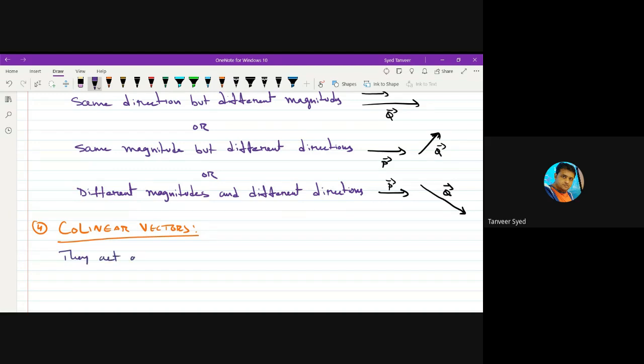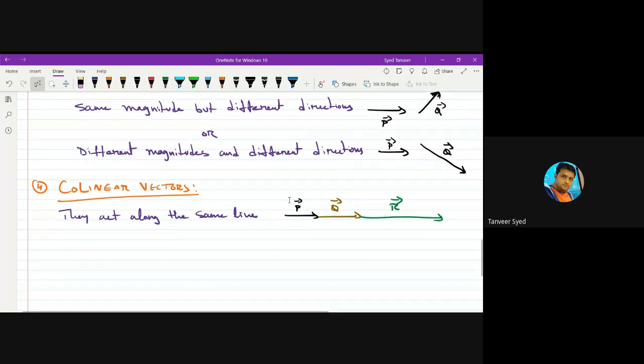For example, this is vector P. This is vector Q. And this is vector R. These three vectors, they can have same or different magnitudes, but they should be acting along the same line.